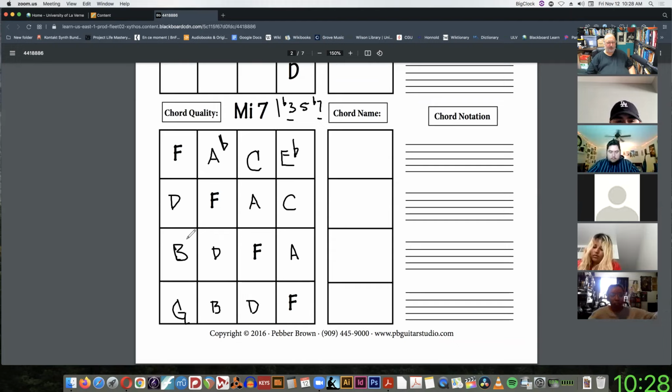So to make it a perfect fifth, we got to go B flat, right? B flat to F is a perfect fifth. Now we need a minor third. So D flat. And now we need a minor 7, so A flat, right? And for G, we got a B flat, D, and F. That's good. All right. This makes sense to you guys?